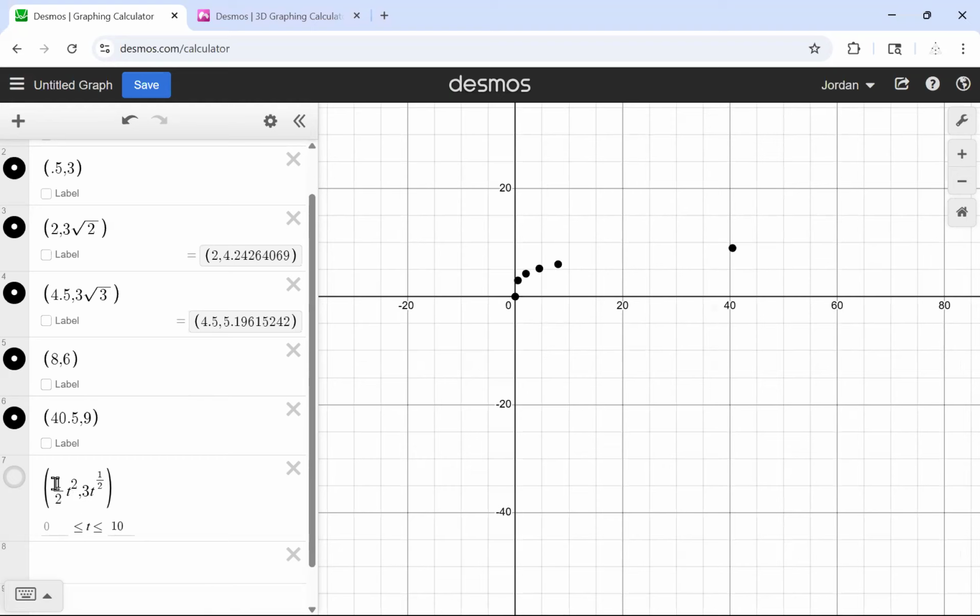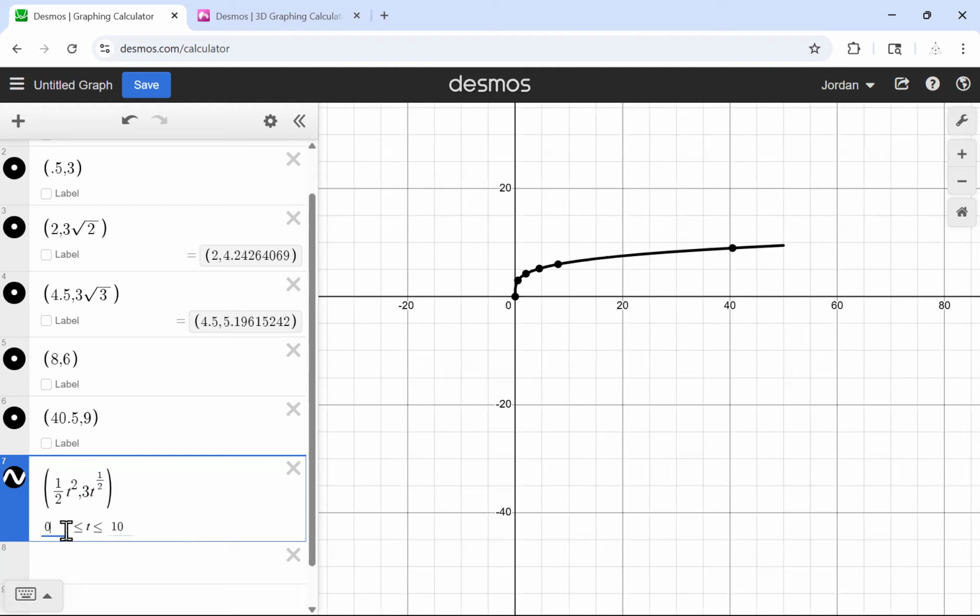The first coordinate is your function that gives you your x, so 1/2 t squared, and your second coordinate is the function that gives you your y. So you graph it like this: 1/2 t squared, comma, 3t to the 1/2 power. And then you let t range over certain numbers.